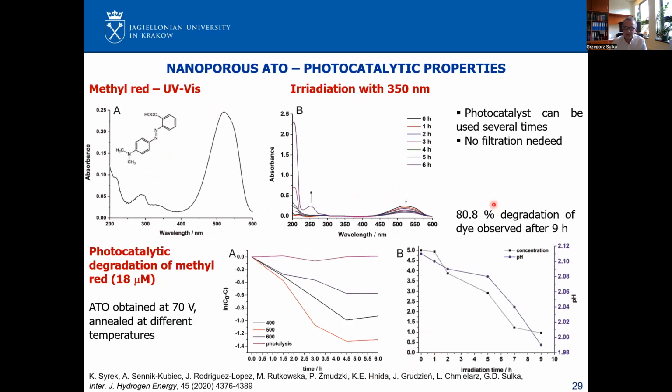And we decided also to use anodic titanium oxide as a photocatalyst for decolorization of methyl red. Methyl red is just a compound which absorbs light, and its absorption band is quite large at 520 nanometers. We irradiated the solution in the presence of the catalyst, and we observed diminution of the intensity of the band, as you can see.